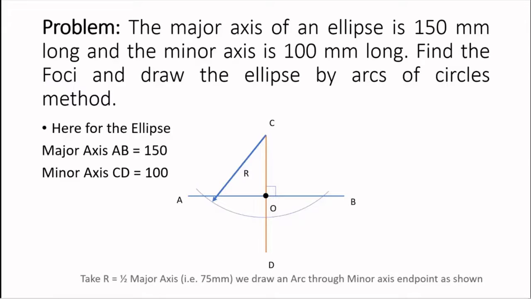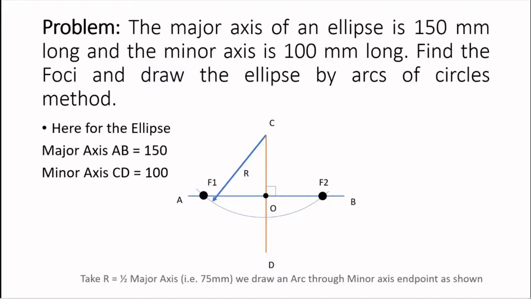So when we draw an arc of radius R about point C, it intersects the major axis at 2 points, that is F1 and F2.